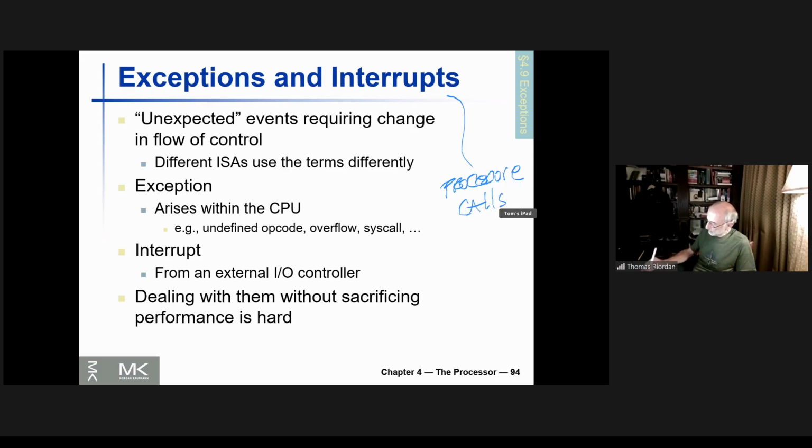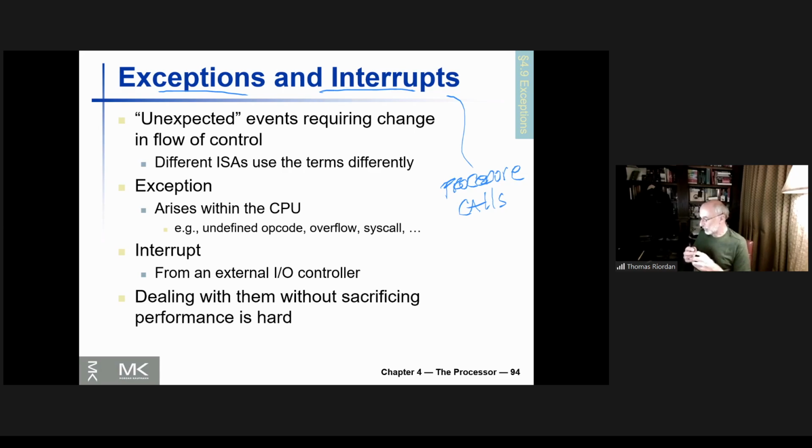So remember with a procedure call, when we called a subroutine or a procedure or a function or a method or whatever you want to call it, we had to store the address of where to come back to. And then we went to the target of the procedure call. And for exceptions and interrupts, basically we have to do the same thing.